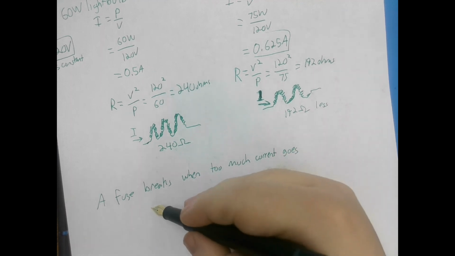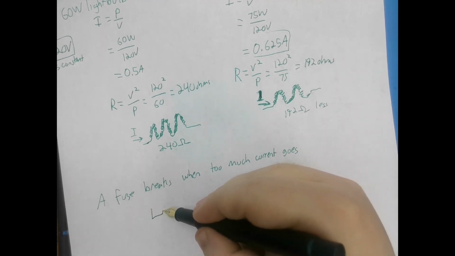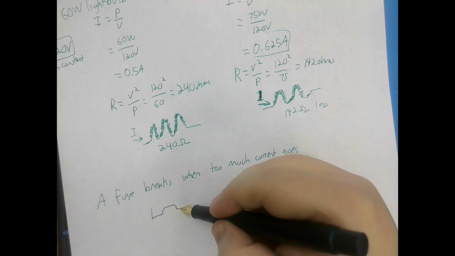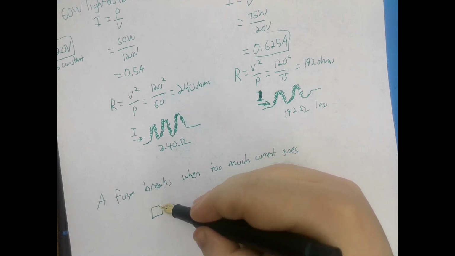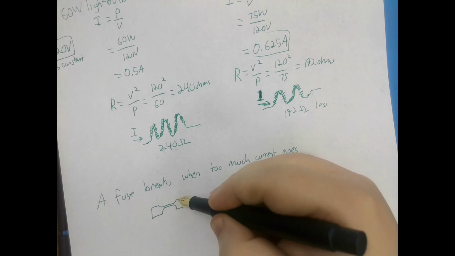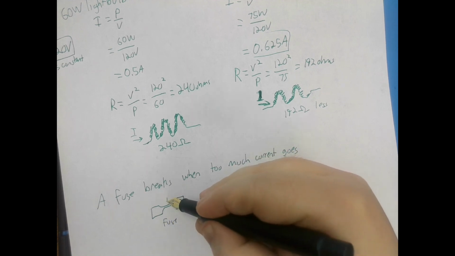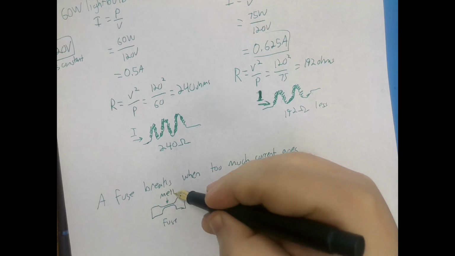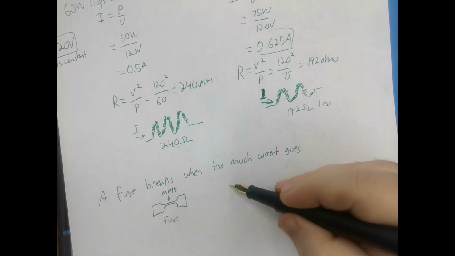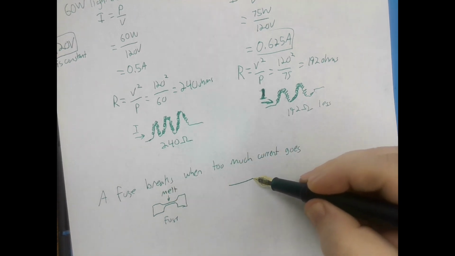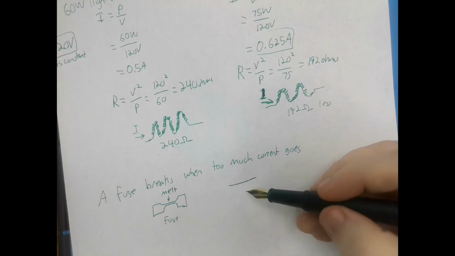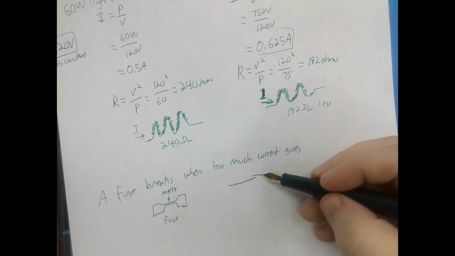This is the actual shape. A breaker is different from a fuse. In a fuse, this metal will melt and break, and a breaker has a latch right here.